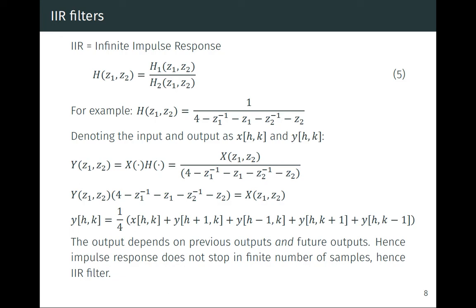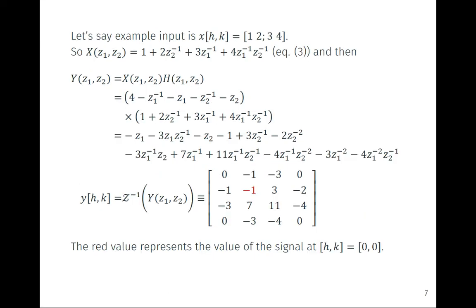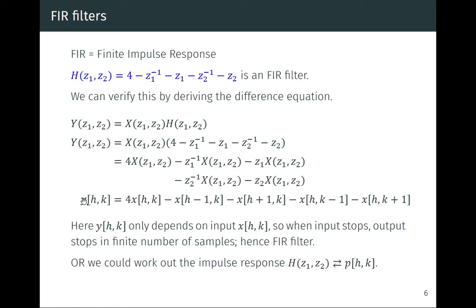So if you want to remember the difference between the filters: in an FIR filter, your output y only depends on the inputs x. There's no recursive dependency on what was previously computed or other values. So it's just a straightforward mapping. You have a bunch of inputs, and you apply these coefficients.